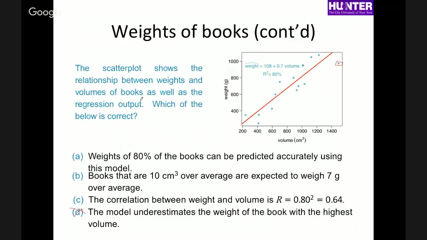Okay, good. Lots of thumbs down. That's just a wrong interpretation of R squared. What would it even mean? Is this book predicted accurately or not? There isn't really a threshold between accurate prediction and not accurate prediction. That's just not what R squared means.